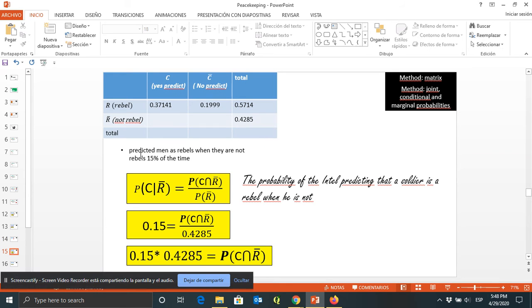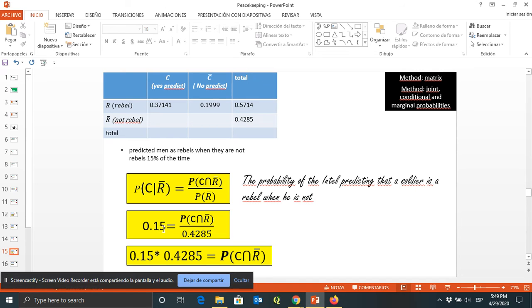So we continue with the sentence that says predicted men as rebels when they're not rebels 15% of the time. This could be translated into a conditional probability that says the probability of C given R bar equals the joint probability of C and R bar over the probability of R bar, or as we can read here in the sentence, the probability of Intel predicting that a soldier is a rebel when he is not.